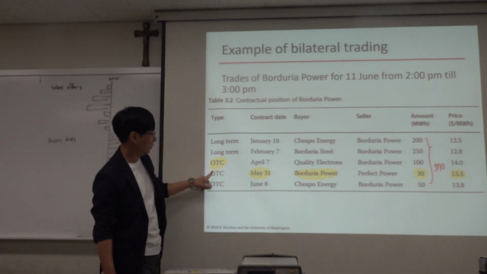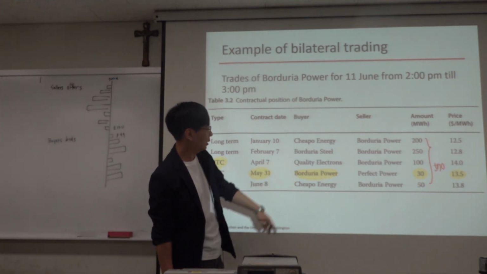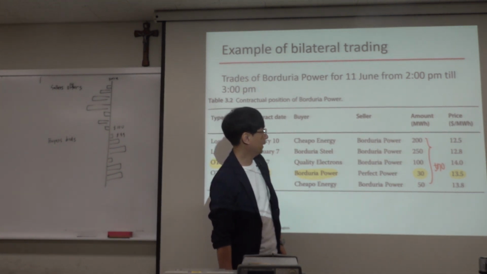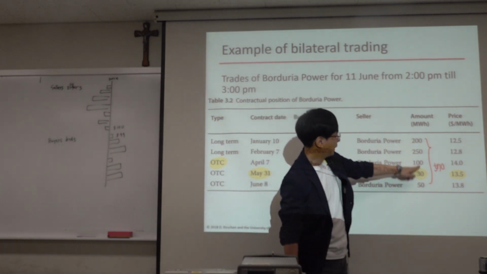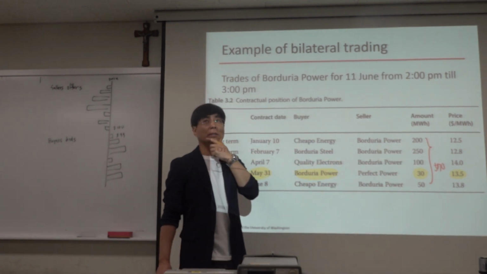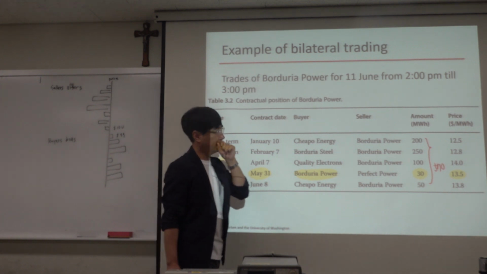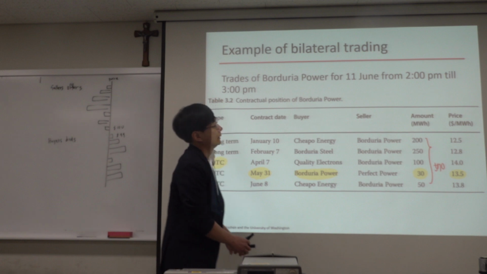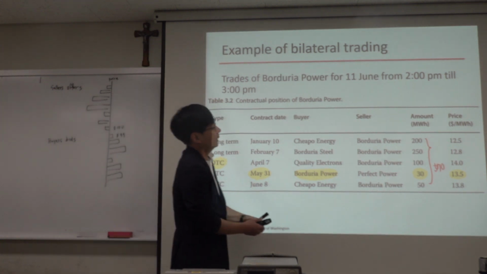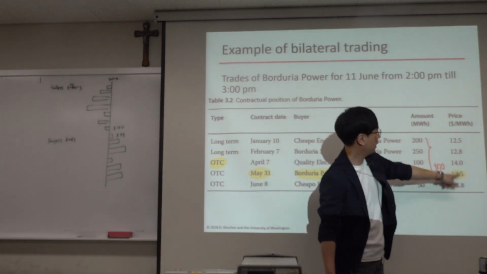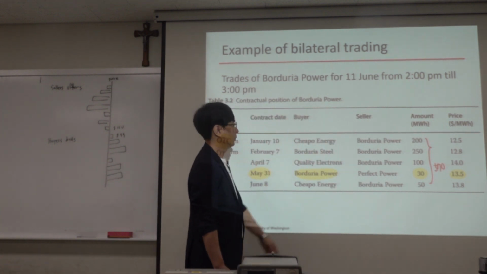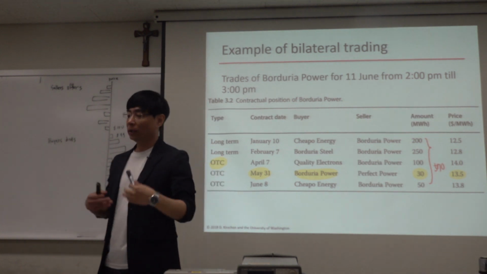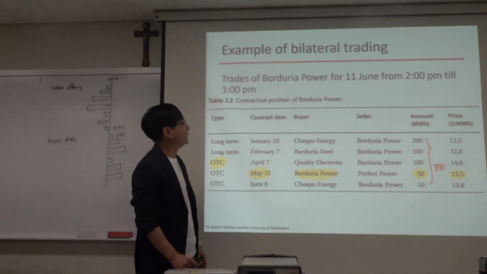OTC, OTC, OTC. Ch3 Energy again, and the amount is like that. As I told you, in long-term bilateral trading the amount is typically very large compared to others. And the price is cheaper than that. Maybe this guy discounted the price: you purchase a lot of energy in advance, so maybe I can discount for you.